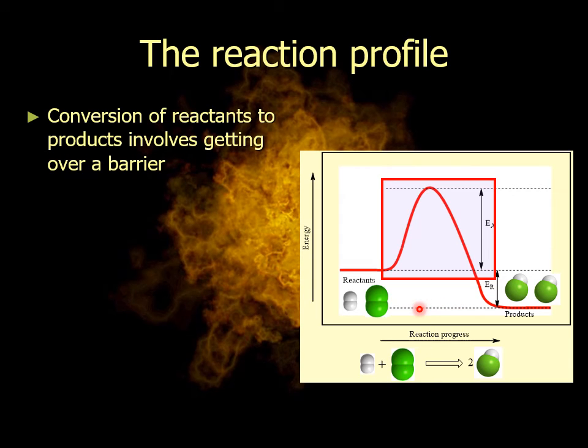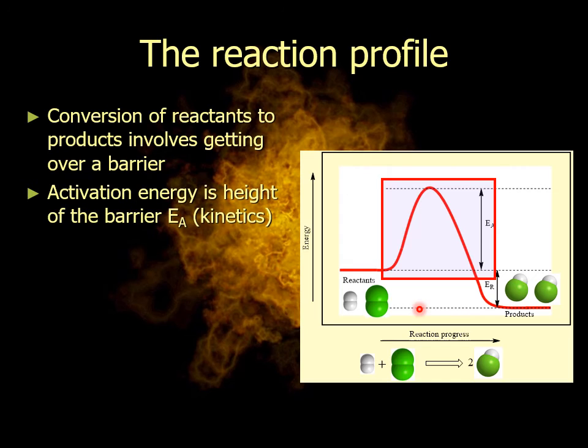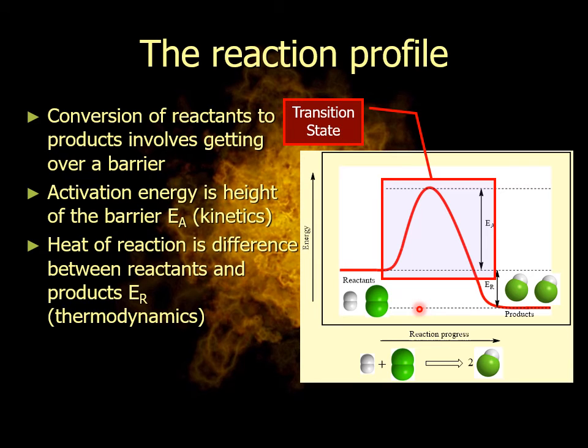So in any reaction, there's a barrier, an obstacle for reactants to convert into products. So we call that the activation energy, the energy barrier over which molecules must make it. And they can supply the energy through their kinetic energy to mount the barrier. So the heat of the reaction is the difference between the reactants and the products, and that's what we could measure in calorimetry.